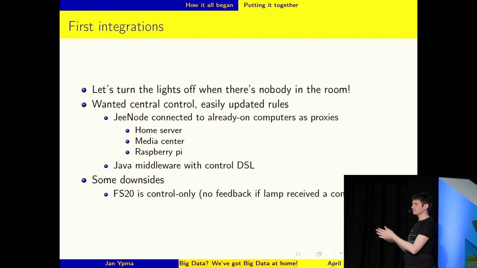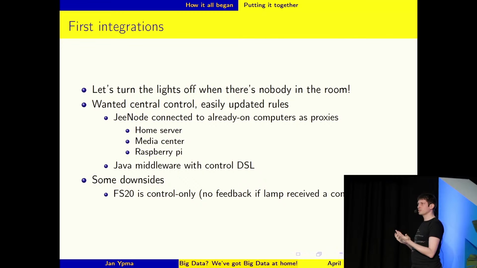So at the time, Java was my choice of language, so I wrote a little bit in Java that sat on a normal computer, a server, or a Raspberry Pi, I don't quite remember. And that sort of controlled the show and worked quite well.